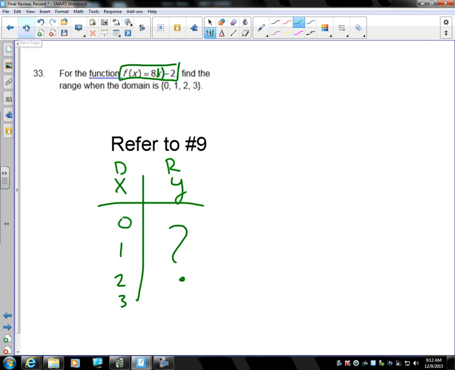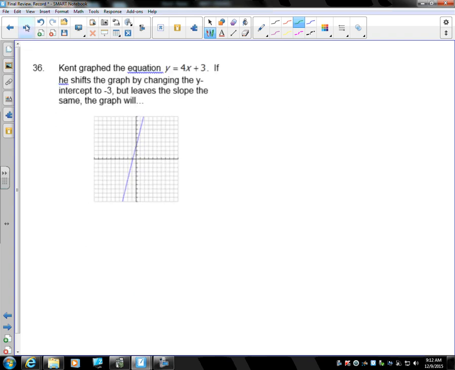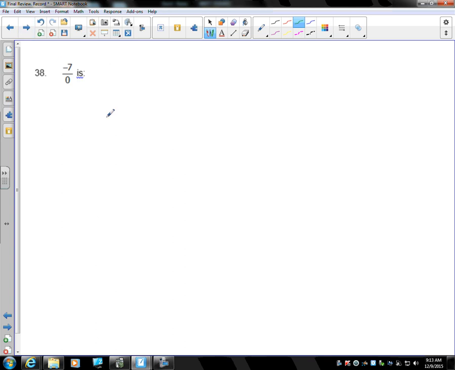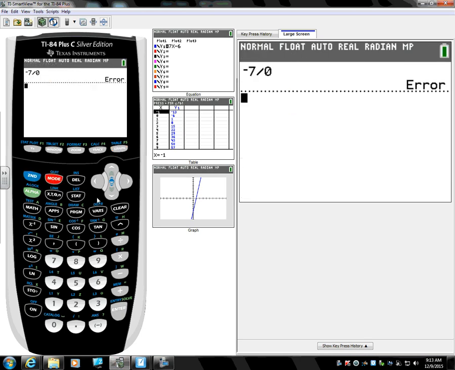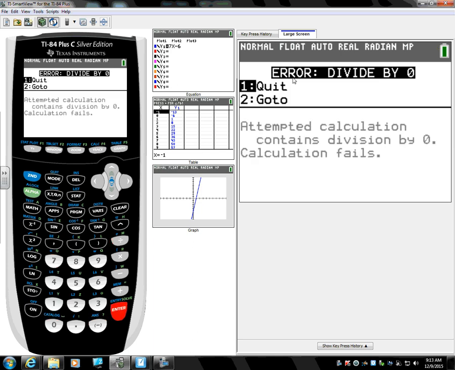The next one is number 38. Okay, negative 7 divided by 0. So if we type that into our calculator, negative 7 divided by 0, enter. And it says error, divide by 0.